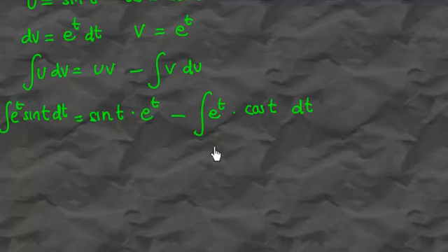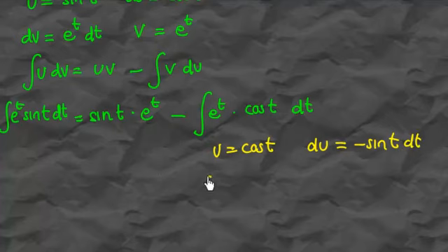By the same argument, we choose u equals cosine t, du is minus sine t dt, and dv is e to the t dt. Therefore, the v is e to the t.